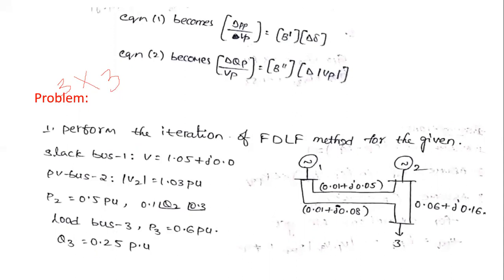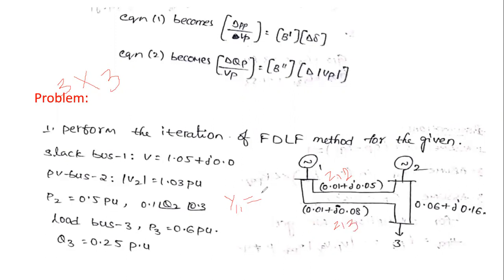How will we calculate the Y11 value? Which elements are connected to bus 1? The 1-2 element and the 1-3 element, equal to Z12 and Z13.